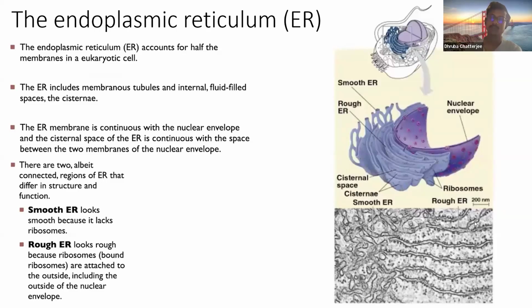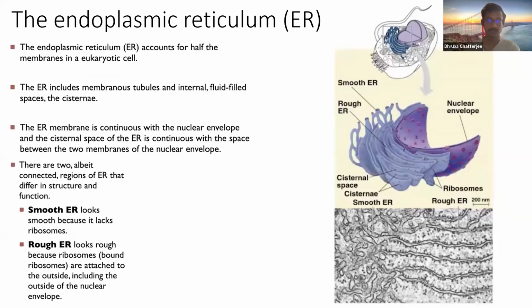Smooth endoplasmic reticulums are primarily the major hubs of lipid biosynthesis as well as biosynthesis of several steroid hormones, many of the sex hormones like testosterone, estrogen, progesterone, etc. These are steroid hormones, so they are synthesized within the smooth endoplasmic reticulum.